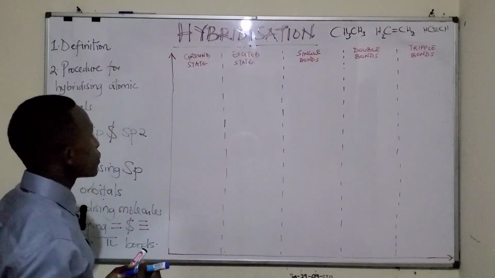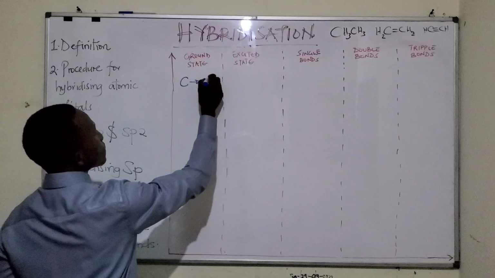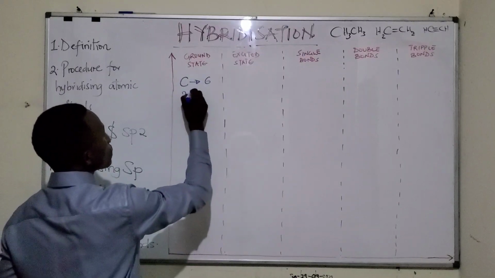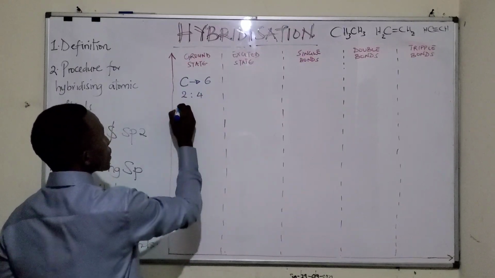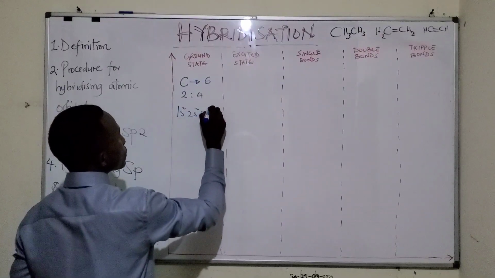So carbon, we know its atomic number is 6. So it is 2, 4. Or you can say it is 1s2, 2s2, 2p2.